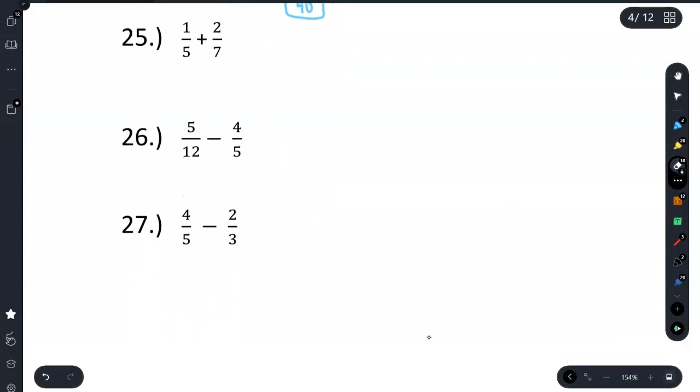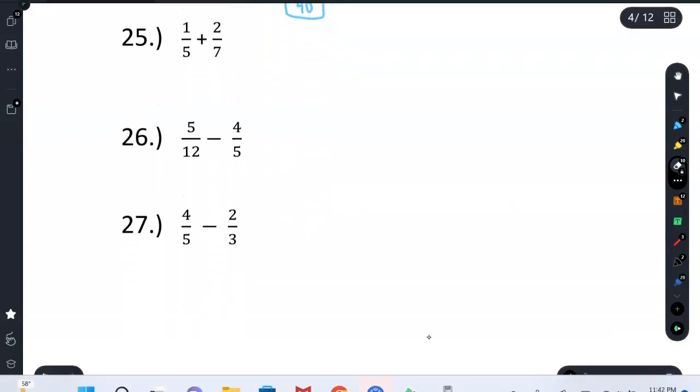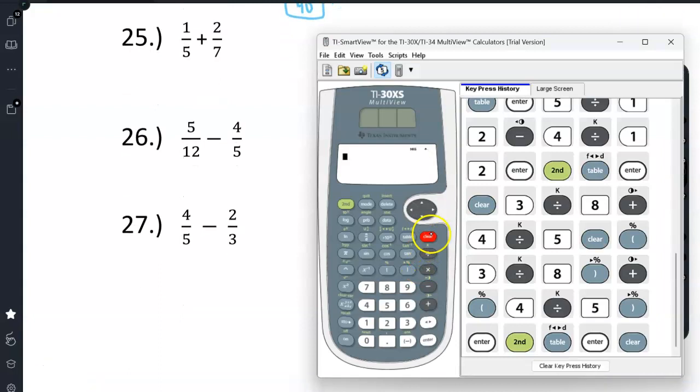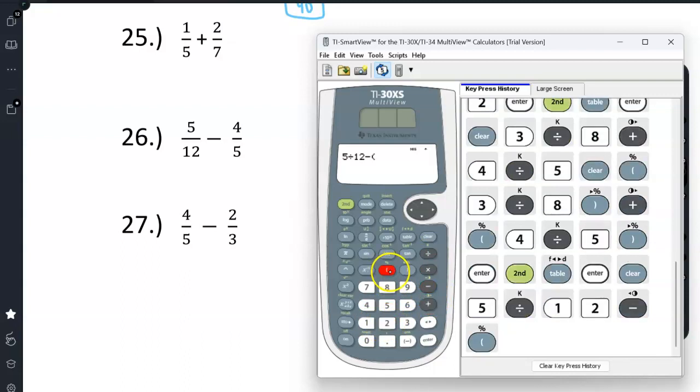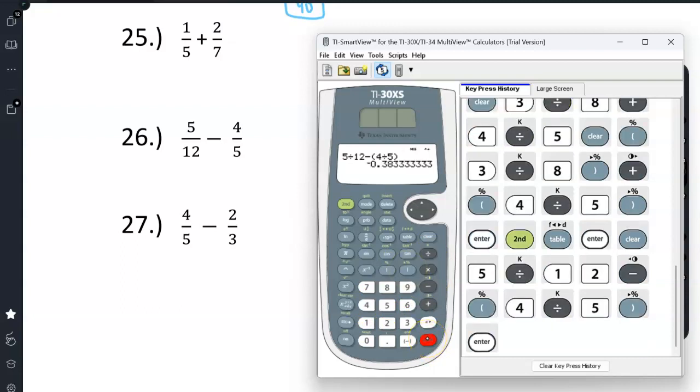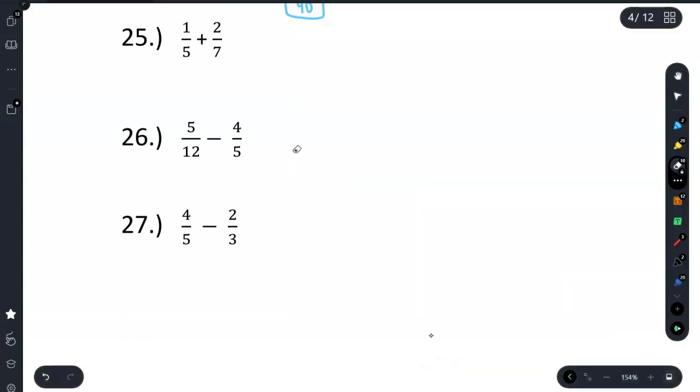All right, 26, 5/12 minus 4/5. 5 divided by 12 minus, I forgot my parentheses on the first one, and it's not necessary, it's just so you can help see that it's an individual fraction. But I got 5/12 minus 4 divided by 5, and I'm going to hit convert to a fraction, and I get negative 23 over 60, so negative answers are fine.